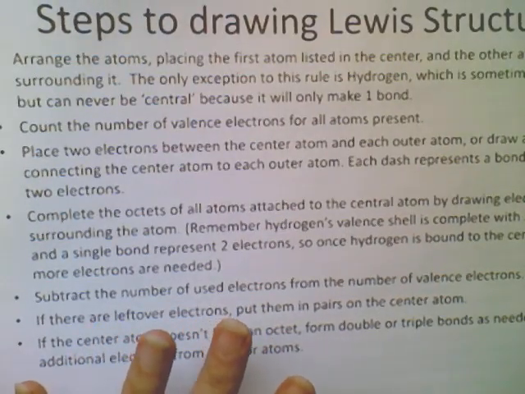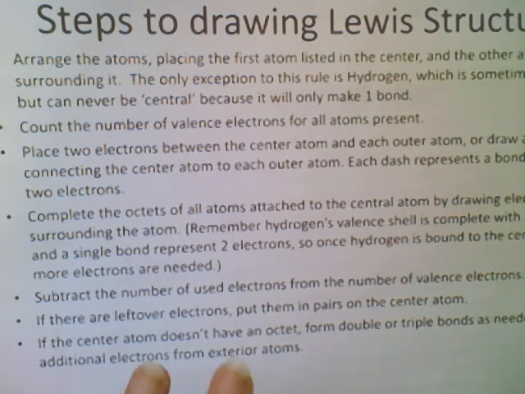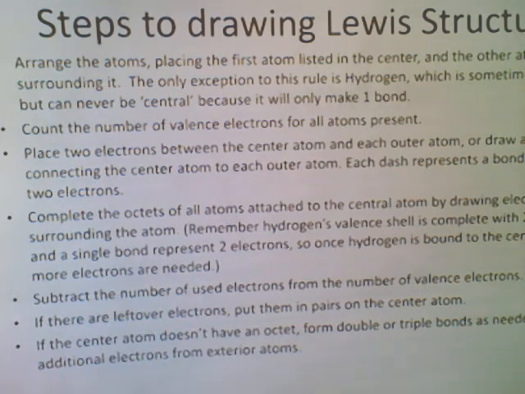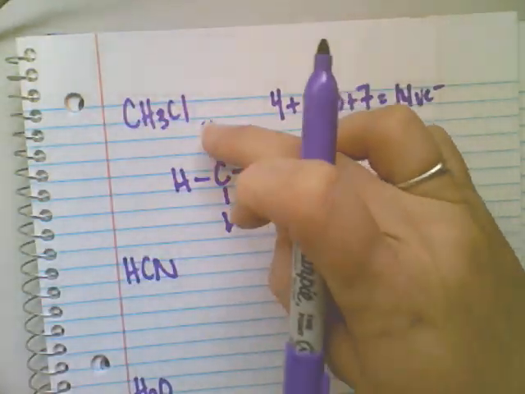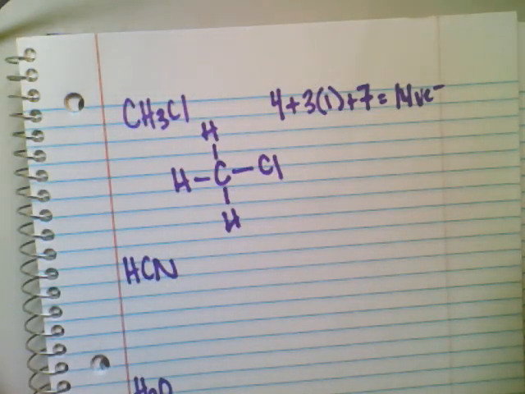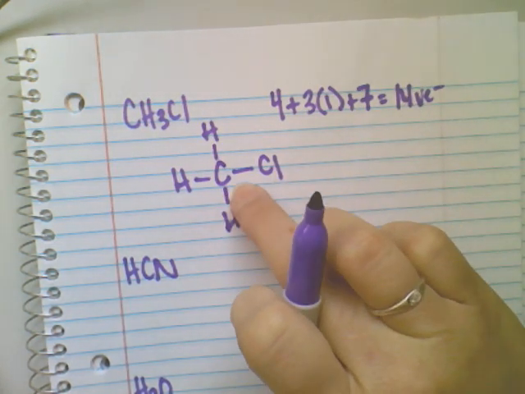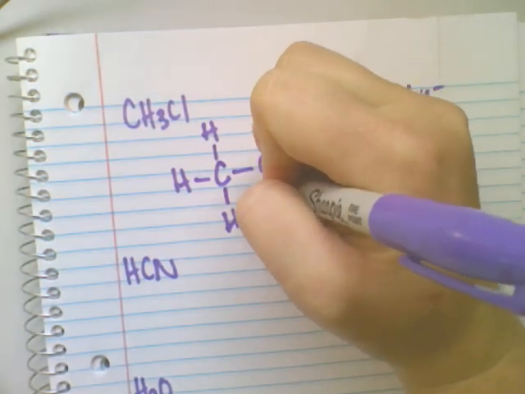We're going to deal with the center atom later. We're going to do this by adding dots in pairs. However, hydrogen only wants 2 electrons. It doesn't want 8. So I'm not adding extra electrons to hydrogens when I do this. So I have 3 hydrogens that I'm not adding any extra electrons to, but the chlorine does need 8. It has 2 already from this bond, and so I need to add 3 more pairs to give it 6 more electrons.